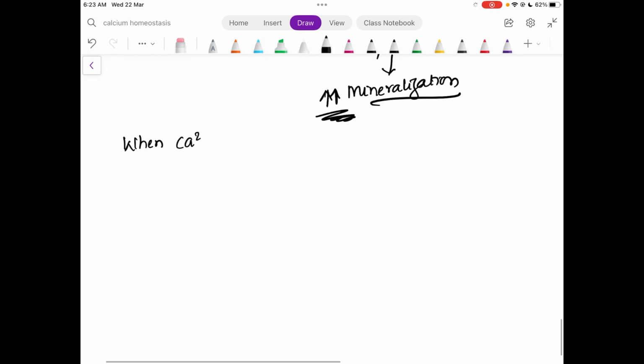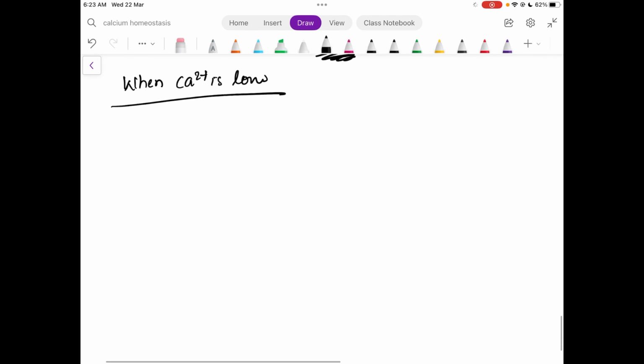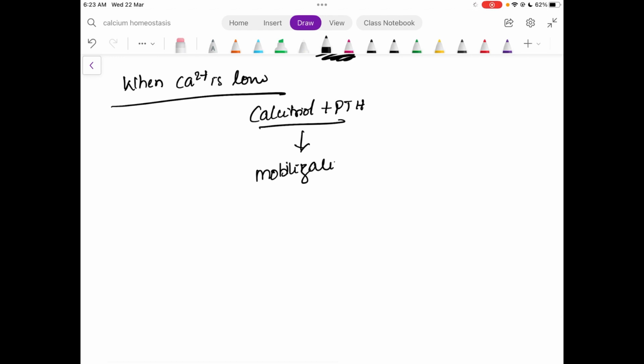Suppose when calcium is decreased, calcium is low, then how will calcitriol help in maintaining calcium levels? Along with the PTH, it will cause mobilization of calcium and phosphate from bone.